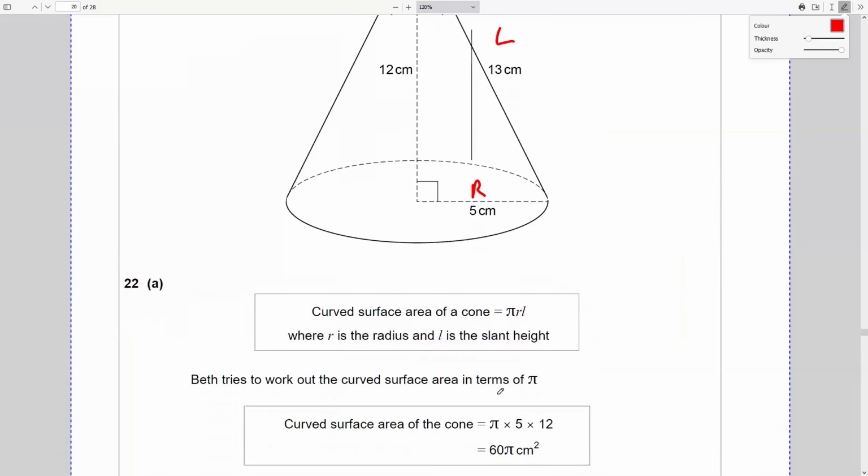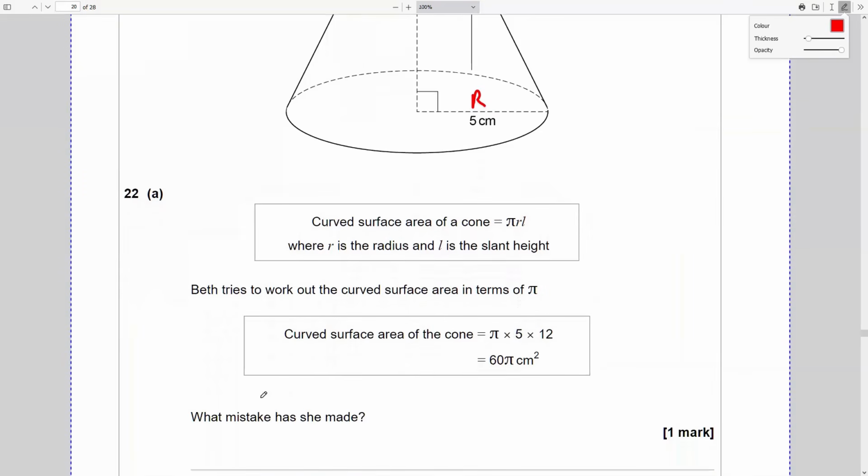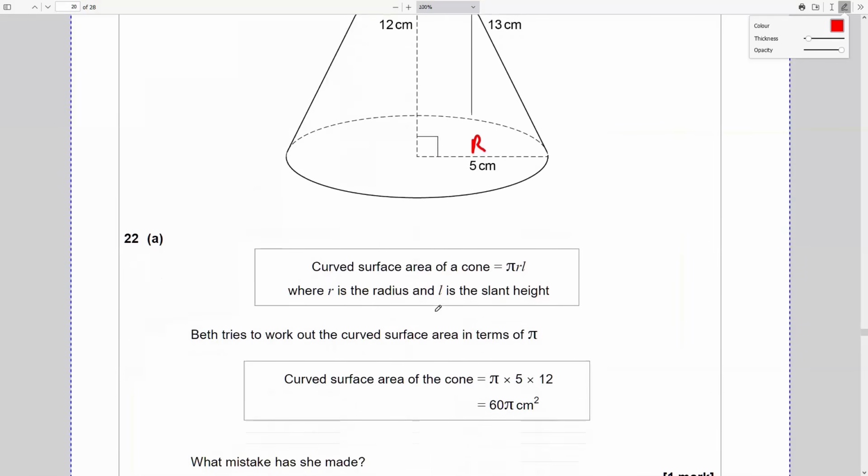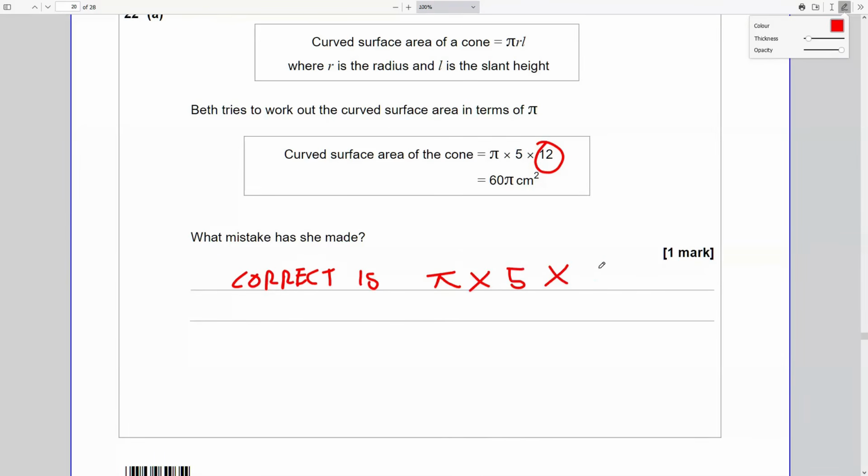Beth tries to work out the curved surface area in terms of pi. Curved surface area of the cone is pi times 5, well, that's correct, times 12. What mistake has she made? Well, she's used 12, not 13. Times 13. I don't think we need to, well, let's just do it.